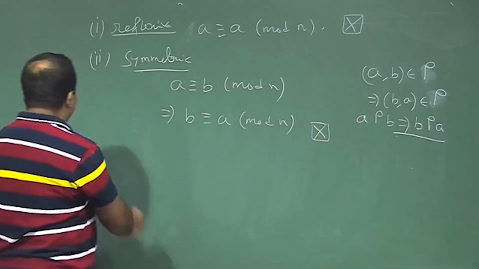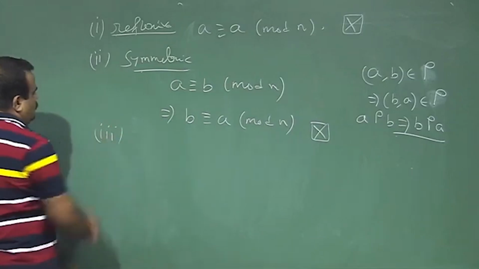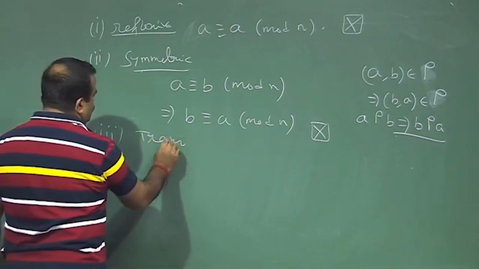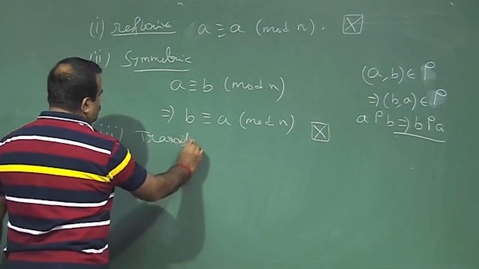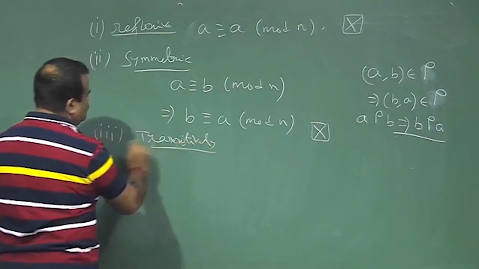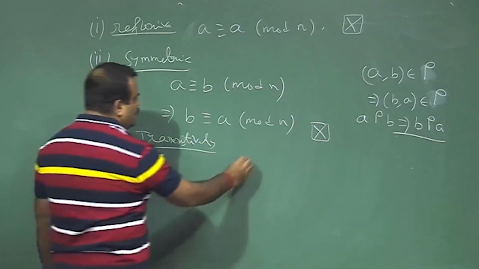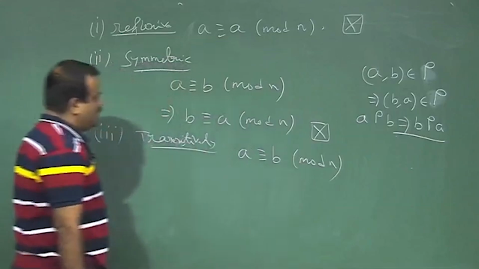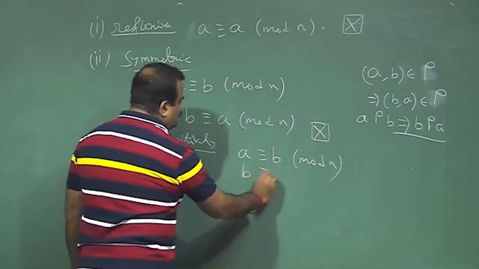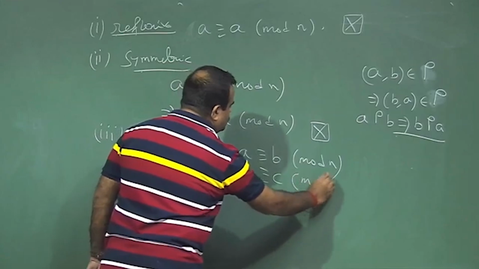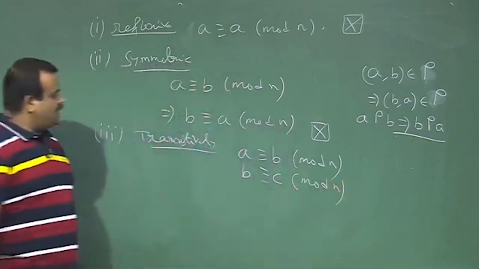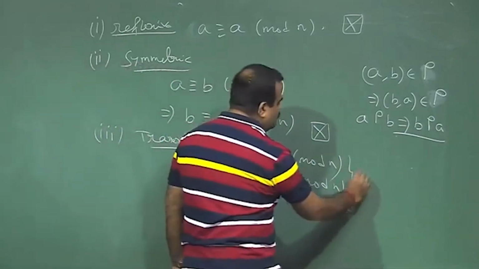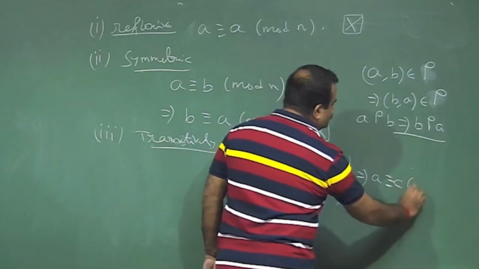So this is also done. Now, the third property is transitivity. This relation is a transitive relation, which means if a is congruent to b mod n and b is congruent to c mod n, then we have to show that a is congruent to c mod n.